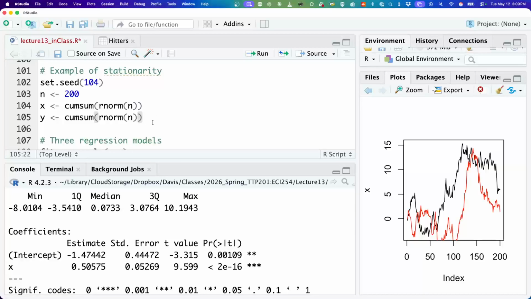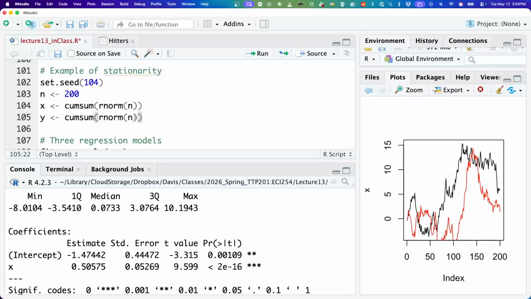What about in this example? How are x and y related? It's right here in lines 104 and 105. Are they the same?